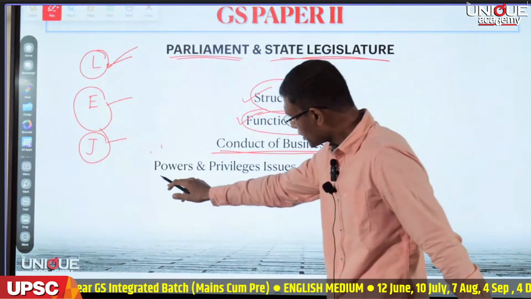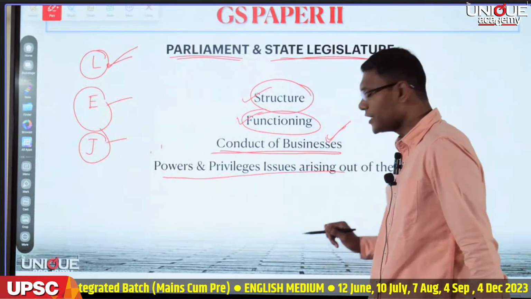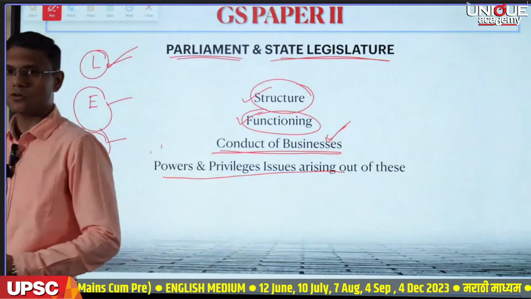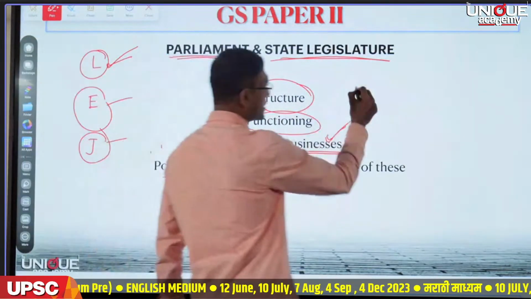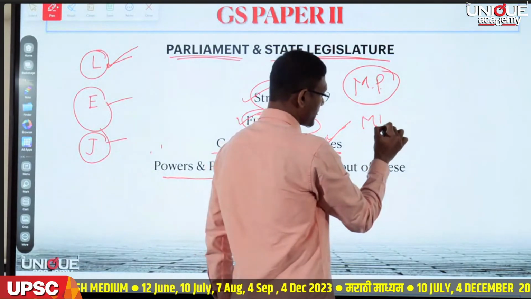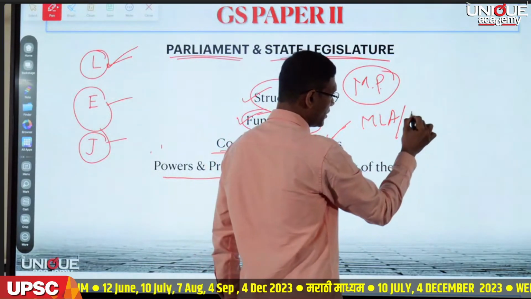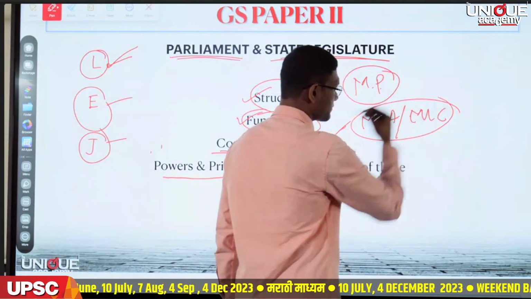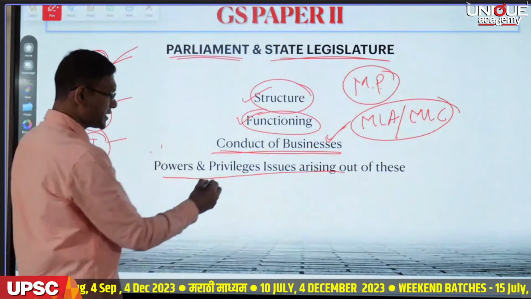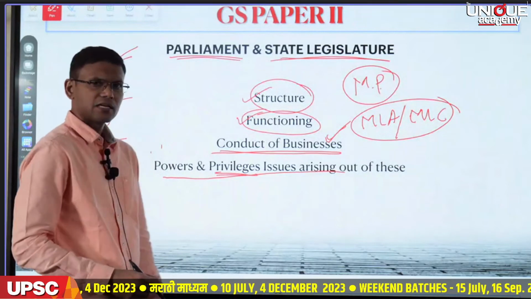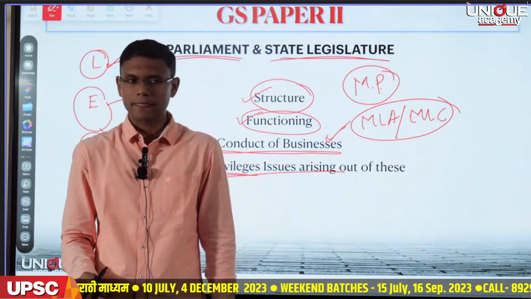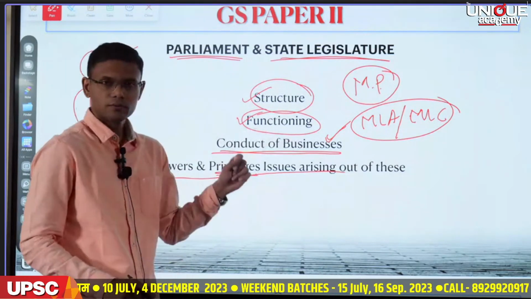And along with that, powers and privileges and issues arising out. So powers and privileges of whom? The members of parliament, MPs, and MLAs or MLCs, right? Their powers and privileges, special benefits that are given to them, and those we need to study.